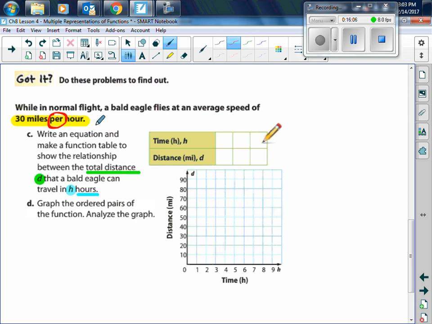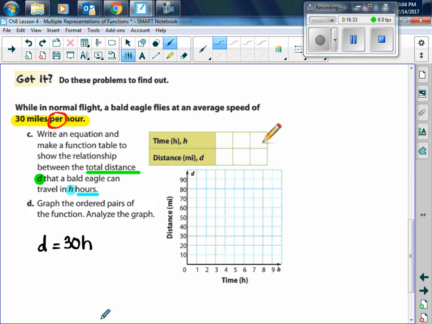So we're going to multiply the miles times the hours to get the total. You got that? So here, that's our equation. When we write our equation, we have miles, so that's 30 miles, times the number of hours, and that's going to be equal to our total distance. Very good. D for distance.